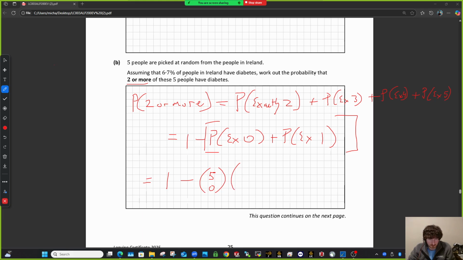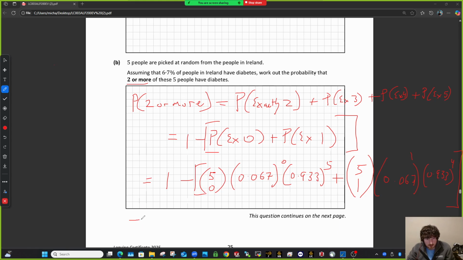And the success you could say is picking someone who has the diabetes. So that's 0.067 to the power of 0. Take that number away. We had that before in our tree diagram. That's to the power of 5. Again, I want to have my square bracket here. Plus 5 choose 1 times, and this will be the workings that you'd have to show for this. Not just chucking the whole thing into a calculator. And that's the probability of exactly 1 person.